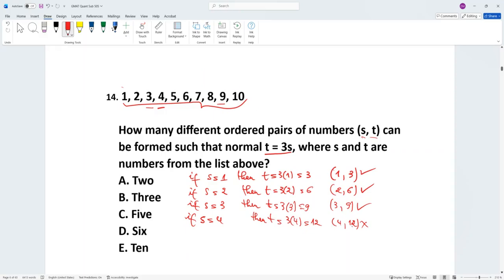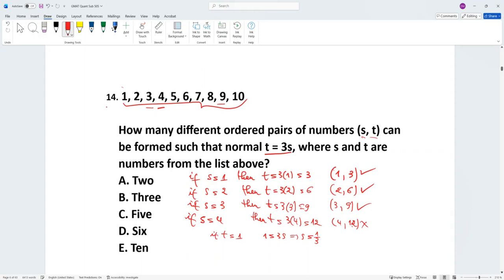The list stops at 10. If we do it the other way around, say T is equal to 1, then 1 is equal to 3S, and S will be 1 over 3.